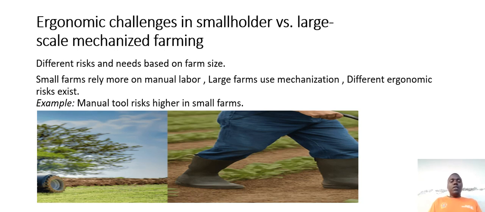Different ergonomic risks exist. Example, manual tool risk is higher in small farms. That is the person who uses the manual tools, and that is the picture of who uses mechanization. The manual requires more power than the mechanized one.